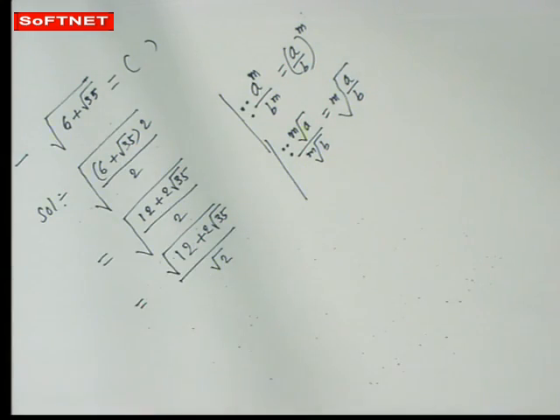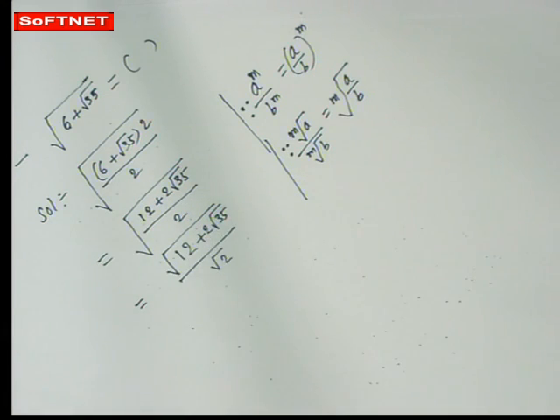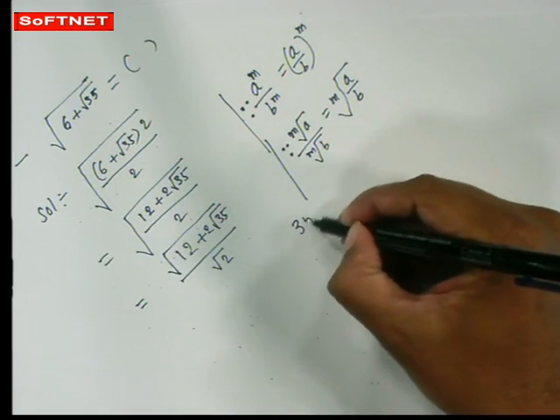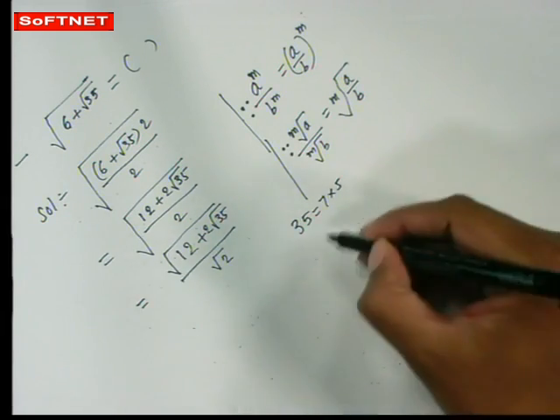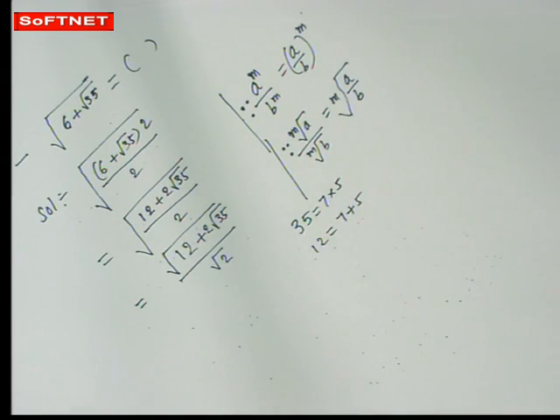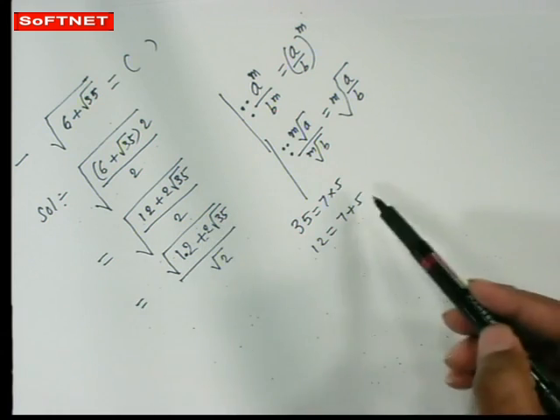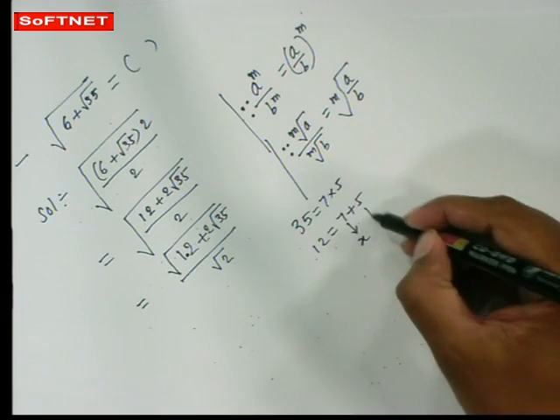Now, numerator by denominator. Just observe the numerator, root of 12 plus 2 root 35. What are the factors of 35? 7 into 5. What is 7 plus 5? That is 12. So 12 is 7 plus 5, plus 2 root of 7 into 5. Here this is x, this is y.